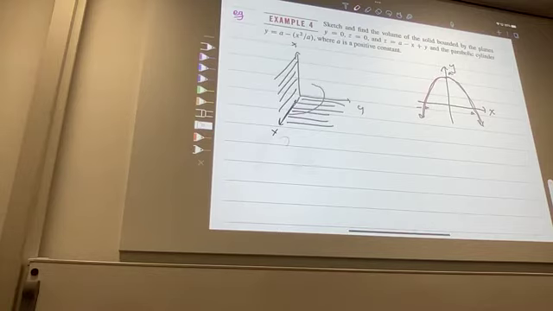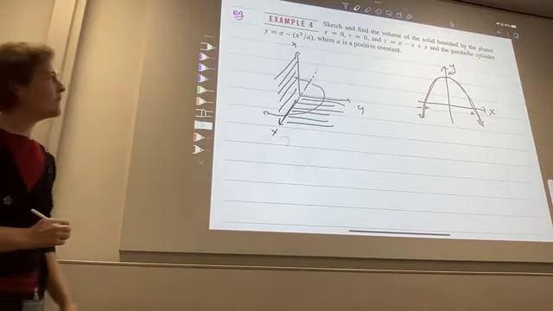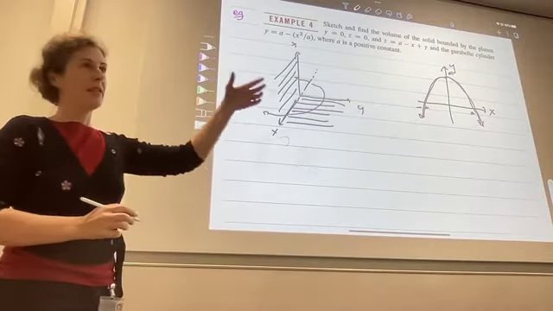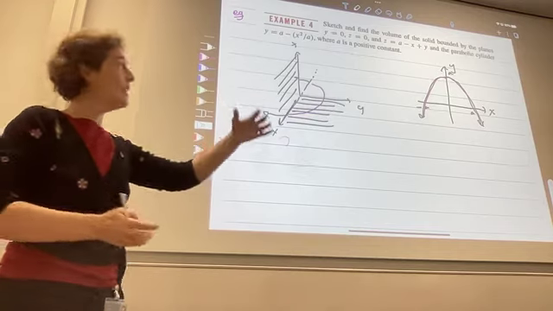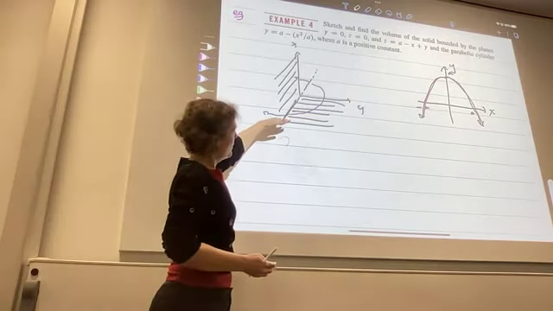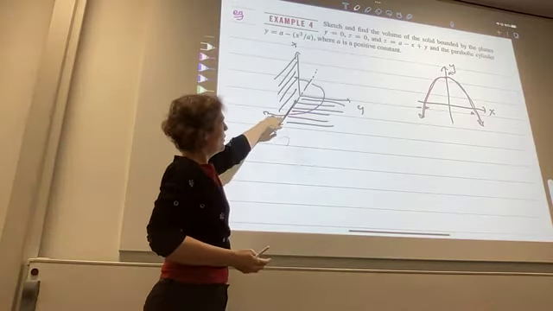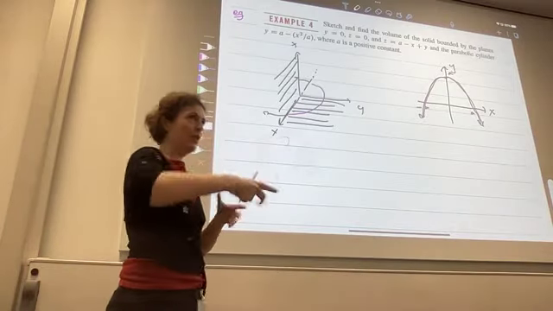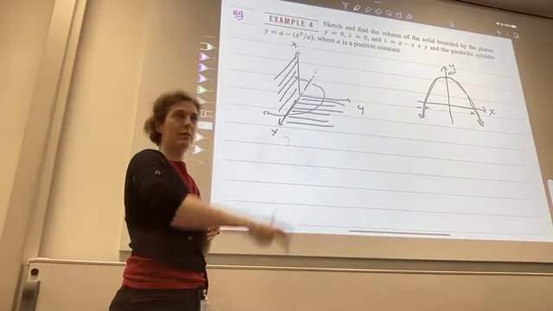It has bits coming out down there and down there as well. But it's a parabolic cylinder, so we have to think about it in 3D. So all we do is, for every value of z, we have this. So it's basically a curve that is running up like that.